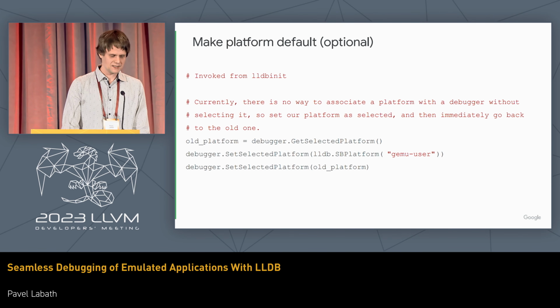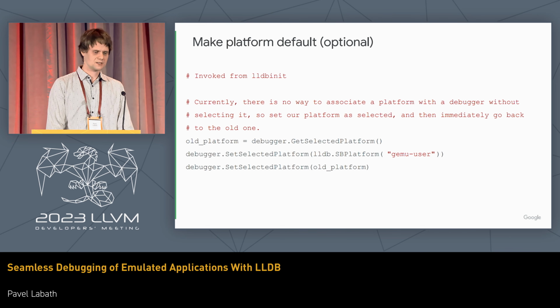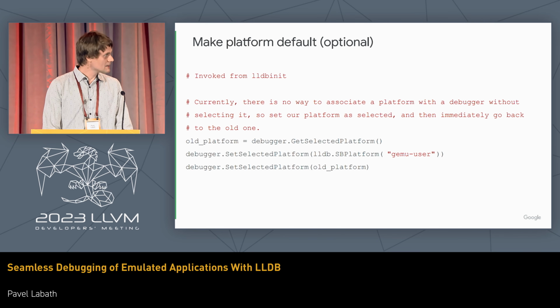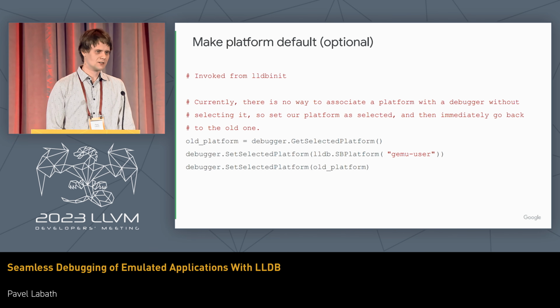And this is something that LLDB doesn't support very well right now, but it is possible to do it by a slightly hacky solution using the LLDB init file. So a sequence of commands like this will cause LLDB to prefer our platform. And that's all it takes to make this work out of the box.